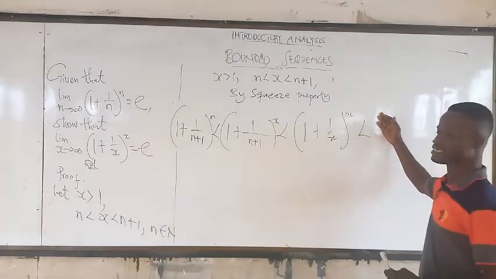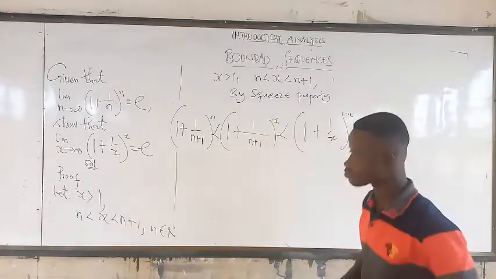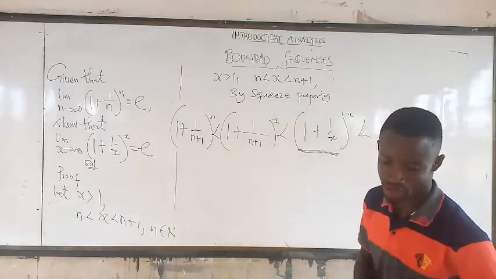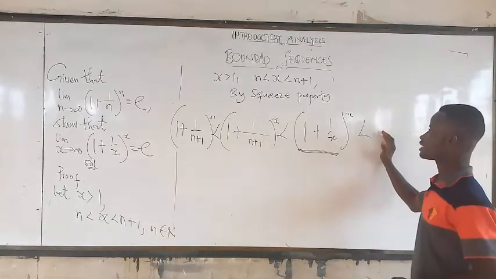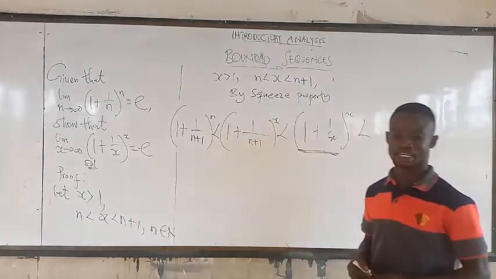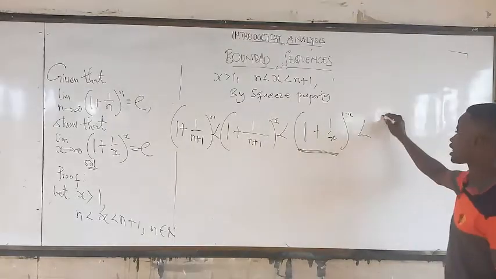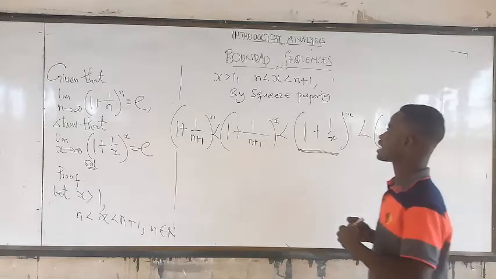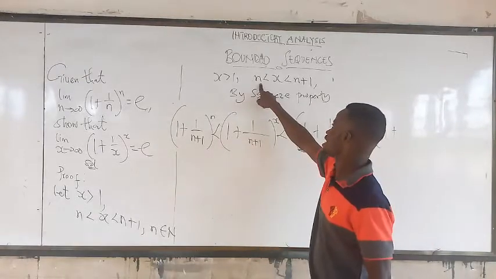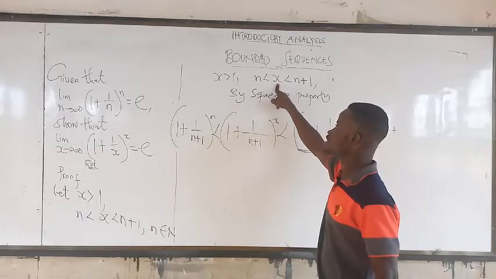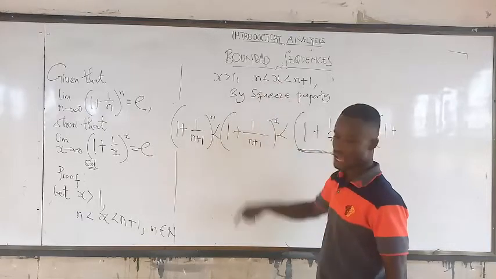Looking at the right hand side, this is what is at the middle. Since we are saying that n is less than x, that means that x is greater than n.